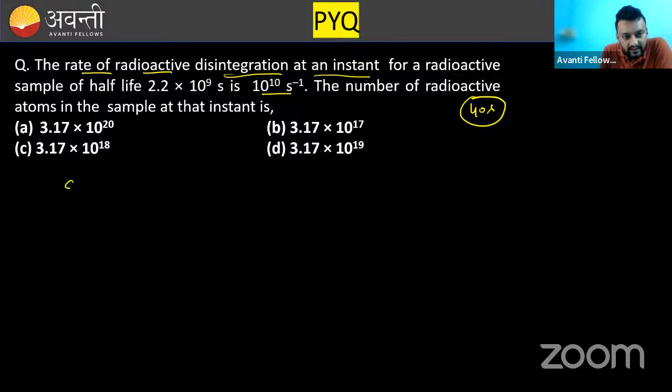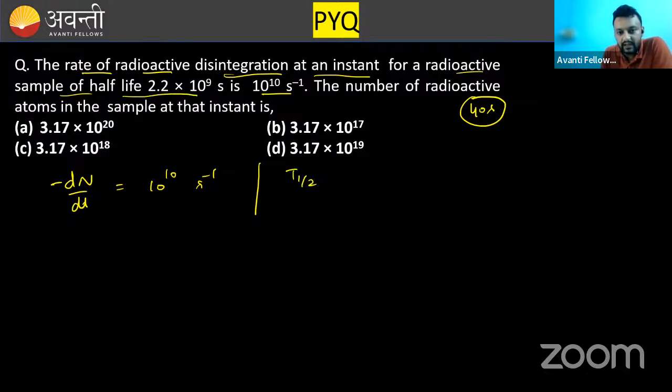So one thing is given, that is rate of disintegration, that is dN/dt is given as 10 to the power 10 second inverse. And rate of disintegration is minus dN/dt. Next thing which is given here, for a radioactive sample, half-life is given.